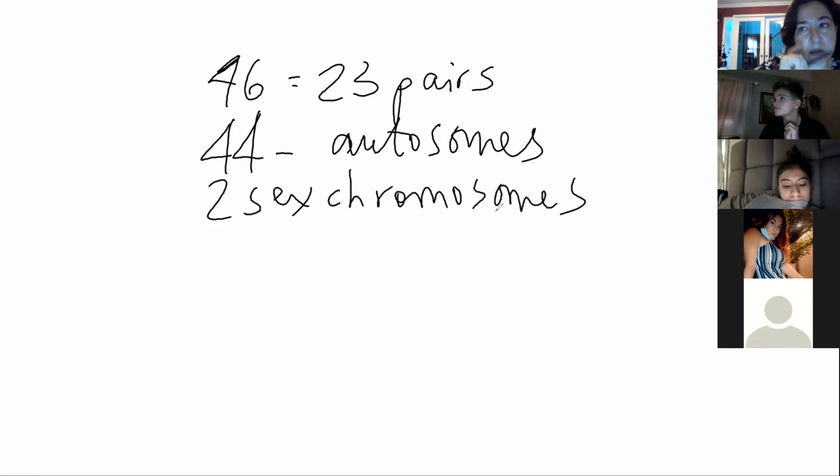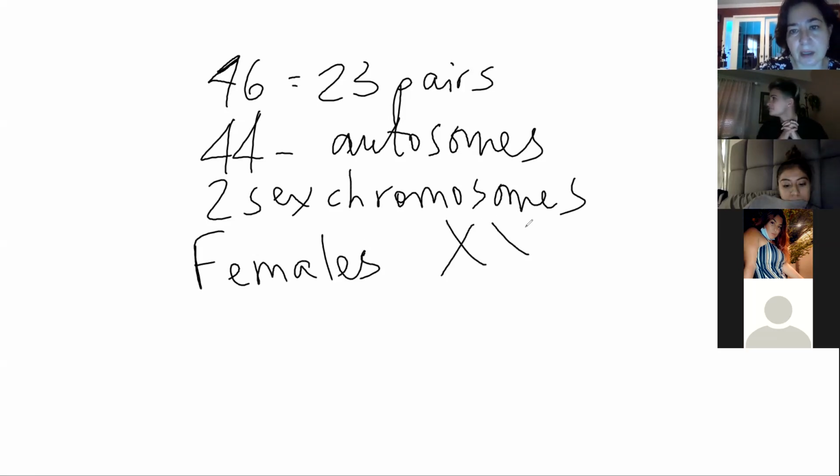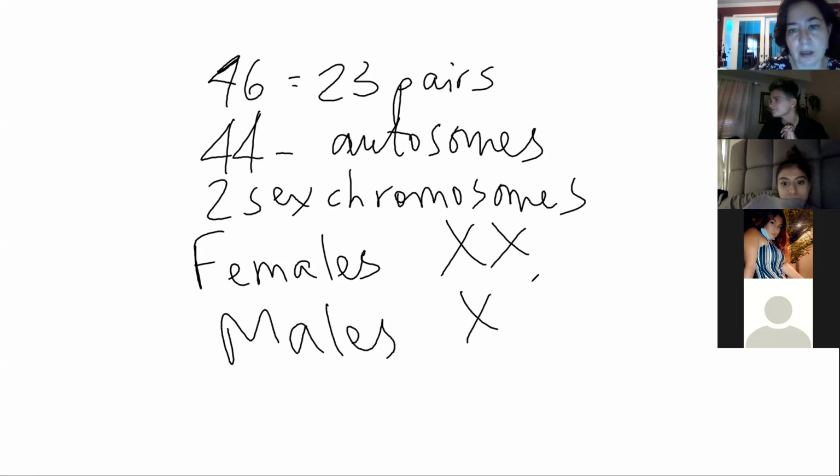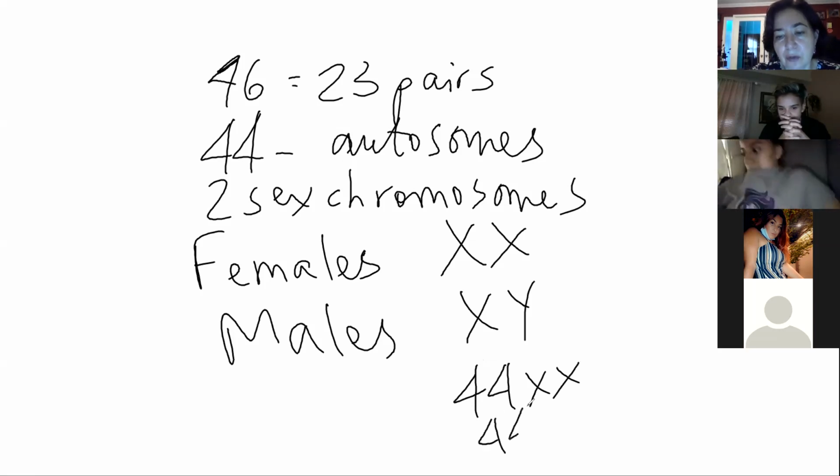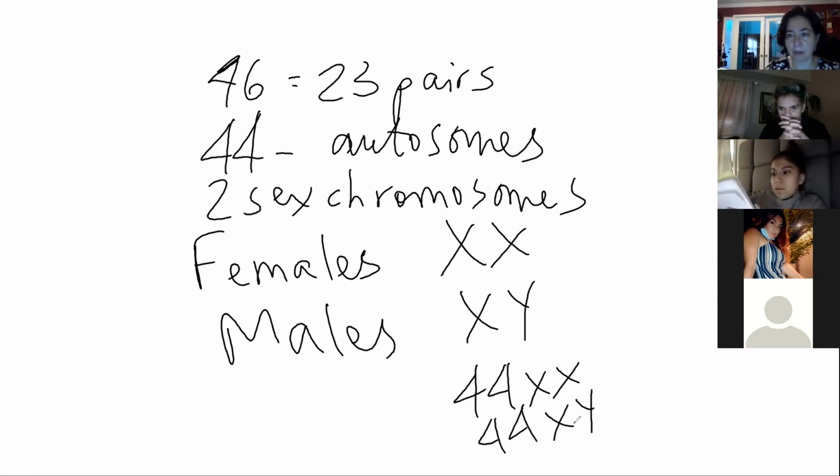For females, the sex chromosomes are XX, right? And for males, it's XY, right? So basically you can say if you're a female, you are 44XX, and if you're male, you are 44XY, okay?